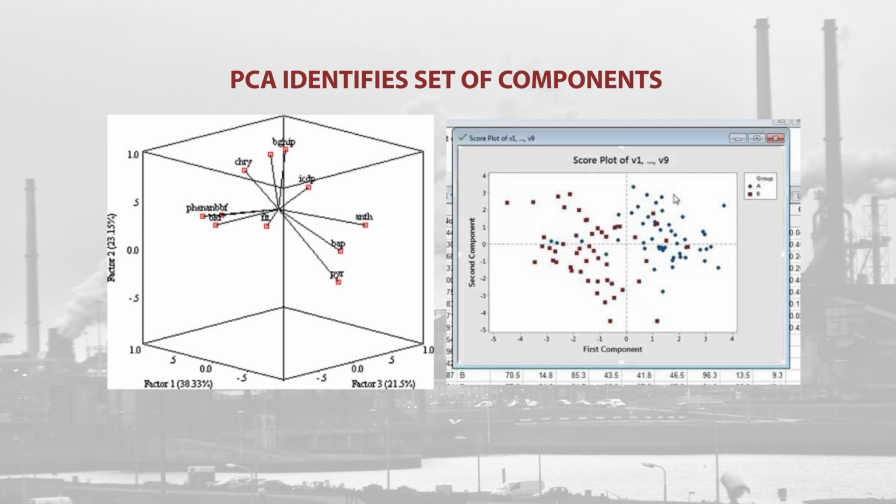So PCA is an easy method which is widely used to identify the source. That's all we have for today, and these are the most commonly used models for air quality. Thank you.